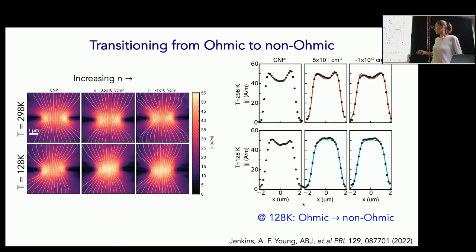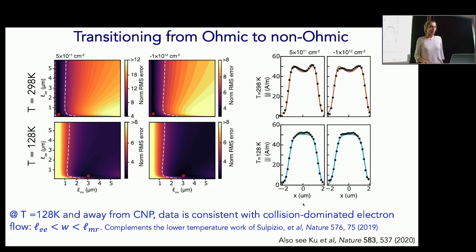Okay. The question is, is this ballistic or hydrodynamic? For that, we had to take a closer look at the statistics and the errors. Here are some error plots comparing the images to predicted images as a function of the momentum-relaxing electron-electron scattering length, and seeing where the smallest residual error is.